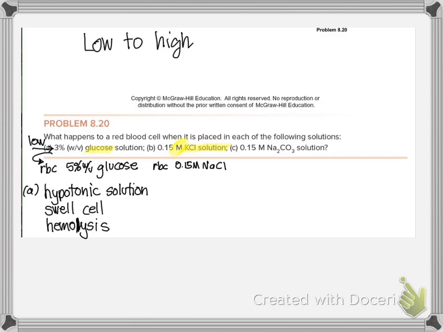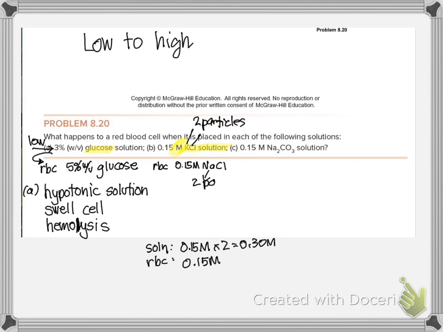They're not the same, so I'm going to calculate it. My solution is 0.15 molar KCl. KCl has 2 particles, so times 2, that would be 0.30. And my red blood cell reference would be 0.15 molar NaCl. NaCl also has 2 particles, sodium and chlorine.